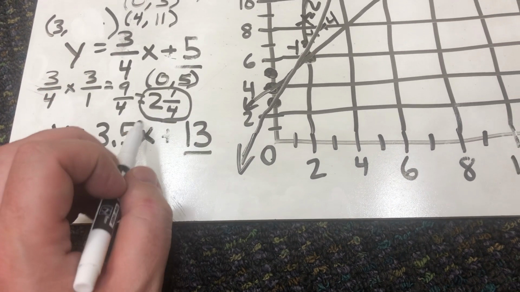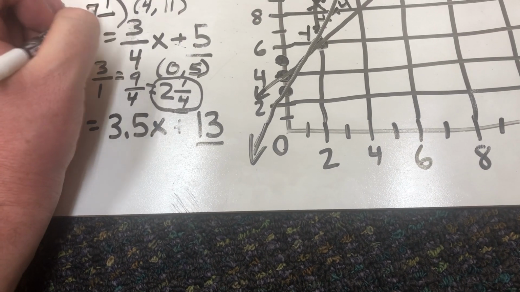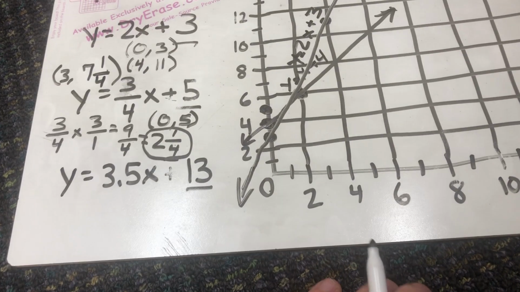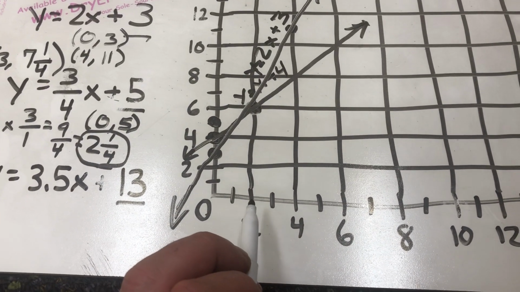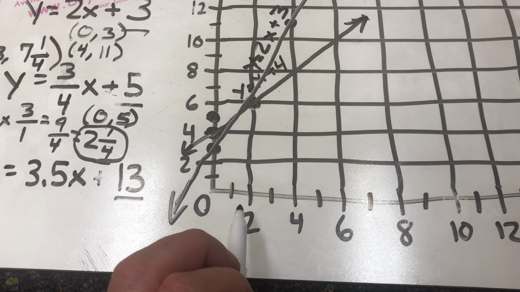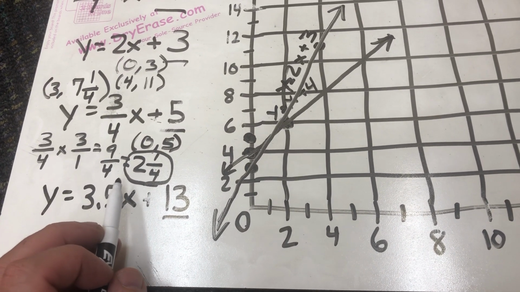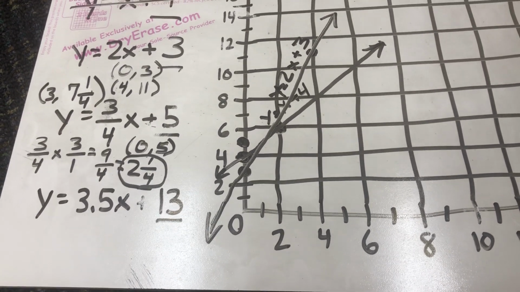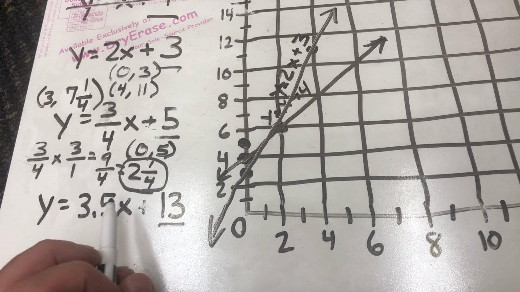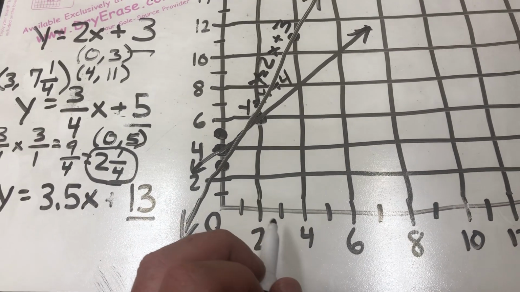When I add 2 and 1/4 plus 5, I get 7 and 1/4. There we go. I knew we had to have a line that went this way. So I knew something was wrong there, but now we got that figured out. We did the 3 over 4 times 3, got 9 over 4, which is 2 and 1/4. We added the 5, we got 7 and 1/4. So we are moving right along. The ordered pair is 3, 7 and 1/4.